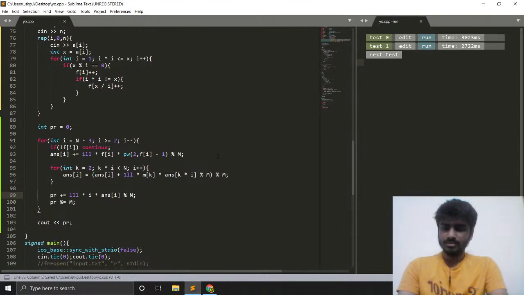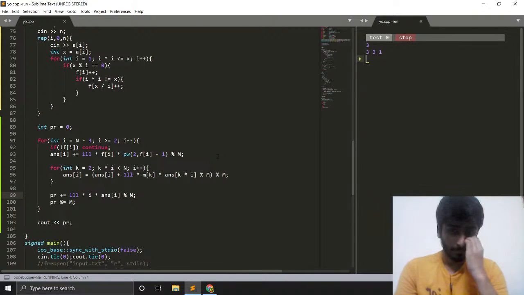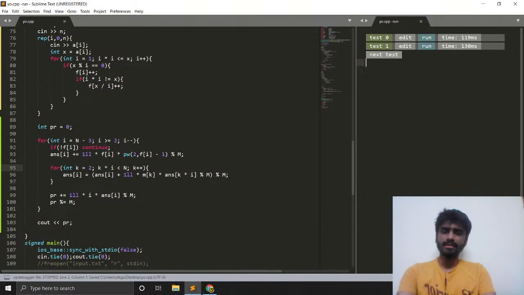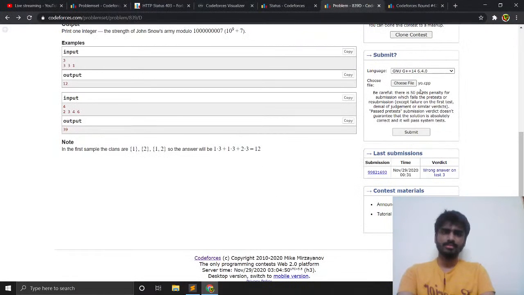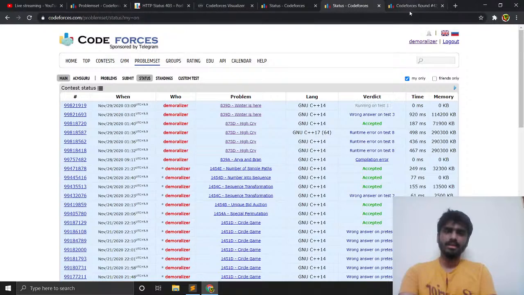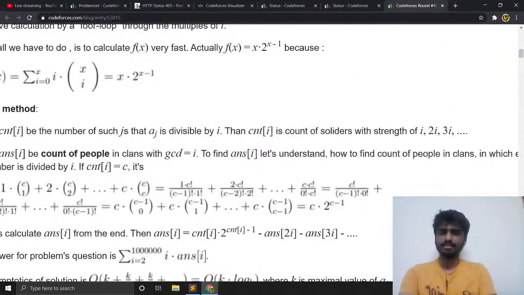So we were supposed to do this, right? As far as I know, I've done the exact same thing in the previous solution. That didn't work. Let's see if this one works. Okay, it's still giving wrong answer on test 3. And I'm pretty sure I'm doing the same thing that's written in this editorial here.